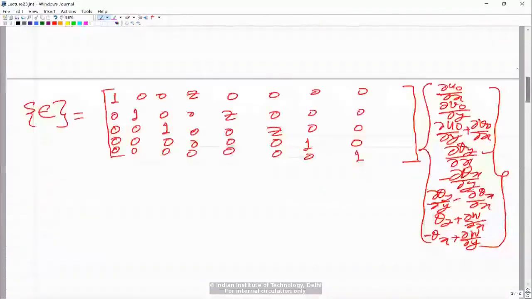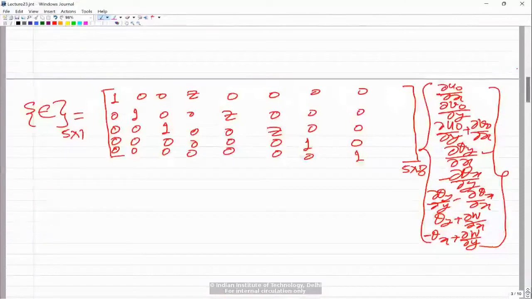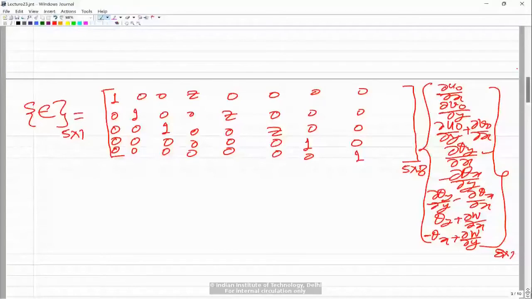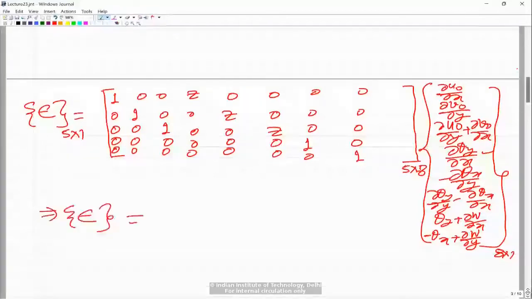So if you look at this epsilon, there are 5 components. It's a 5 by 1 vector, and this is 5 by 8, and this is 8 by 1. So I'm going to use a notation. Let me say that this epsilon is equal to z matrix.